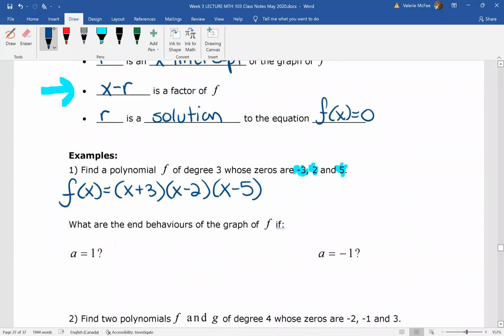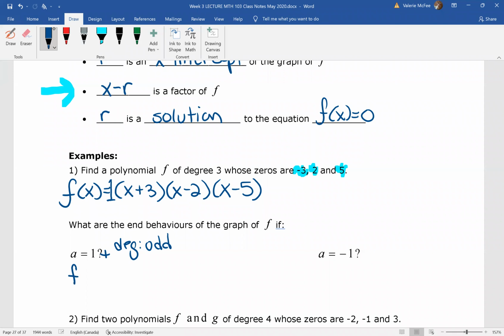So what would be the end behaviors? Remember, we have some number a that could multiply our function here. What if a is +1? Well, this has a degree of 3, which is odd. We have a positive leading coefficient. We need to think about the graph of y equals x cubed.